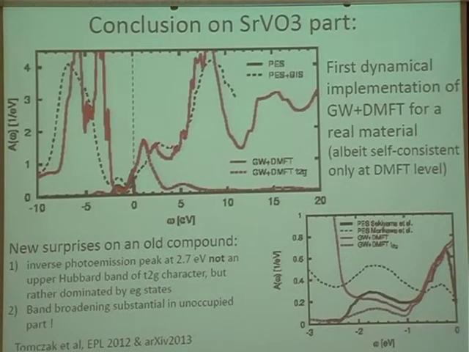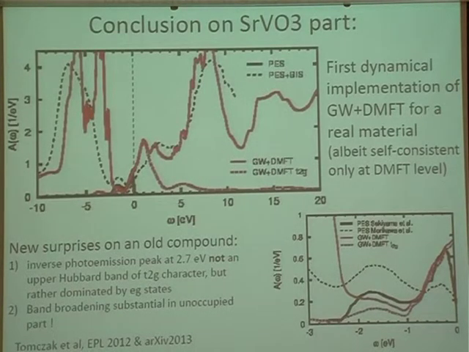You have an additional peak, which before was identified as an upper Hubbard band in the DMFT, but which now we attribute to EG states. And our main conclusions are that the GW plus DMFT, thanks to the fact that we do DMFT within the T2G subspace, generates nicely the lower Hubbard band here, has a nice description of the T2G, but doesn't have an upper Hubbard band, but instead places the EGs at the experimental photoemission position.